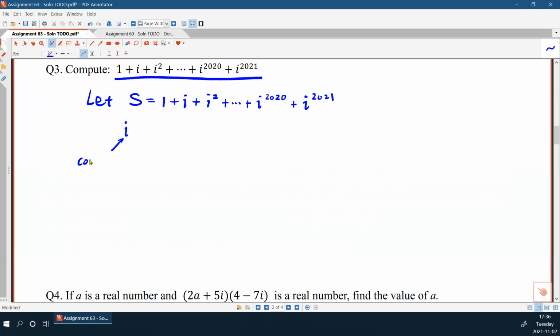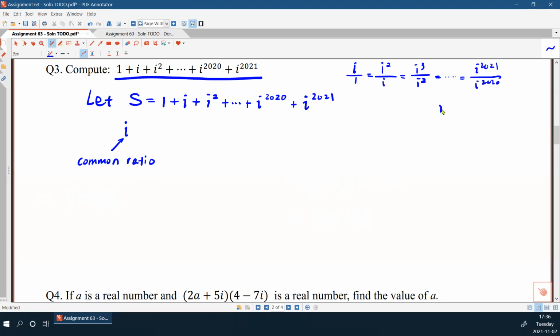Okay, so if S equals this expression, then we can multiply by the common ratio. This is called the common ratio, which means the ratio between the second term and the first term, or the third term and the second term. So as you can see here, i over 1 equals i squared over i equals i cubed over i squared, etc., equals i to the 2021 over i to the 2020, right?